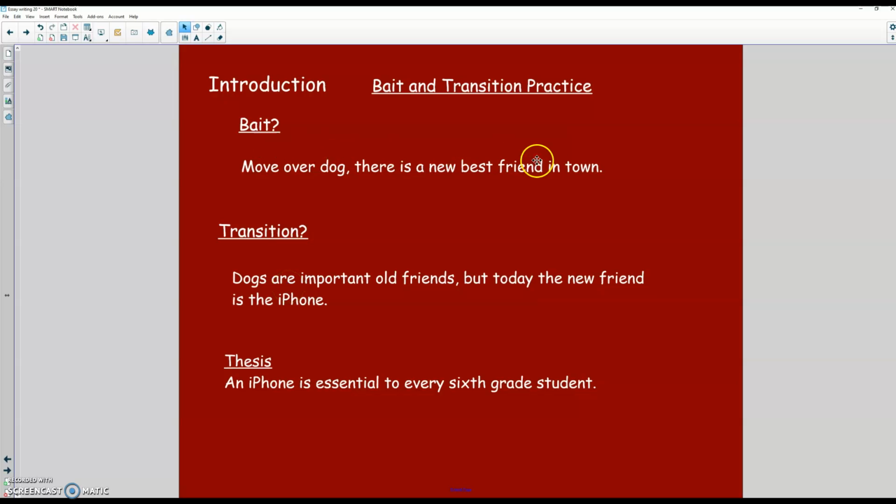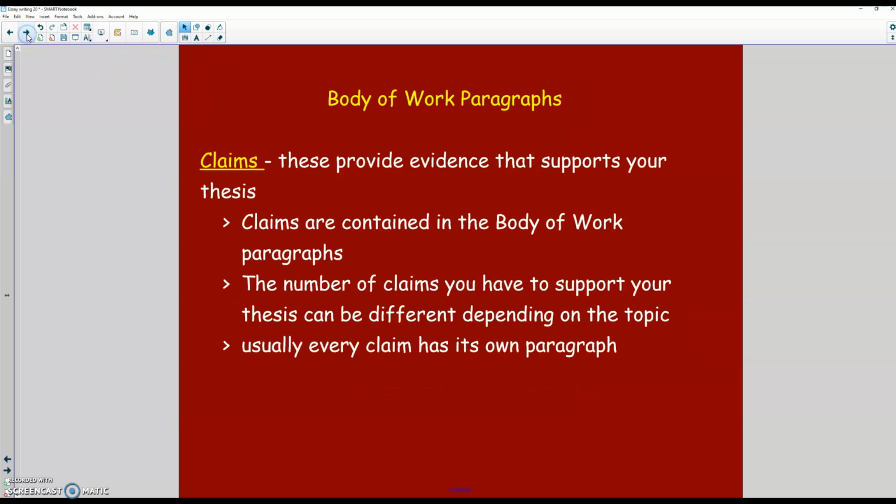So: move over, dog. There's a new best friend in town. Dogs are important old friends, but today the new friend is the iPhone. An iPhone is essential to every 6th grade student. Another example of an introduction.